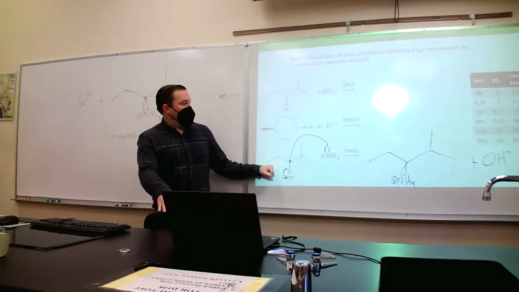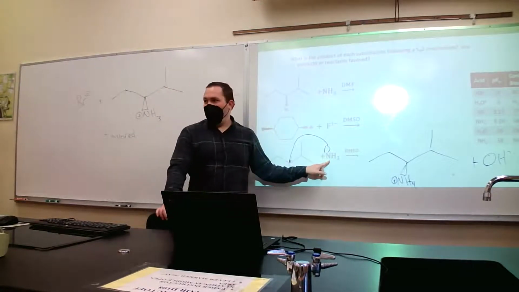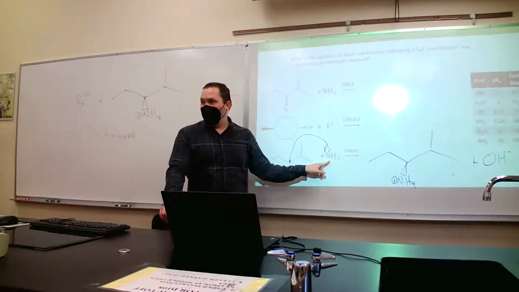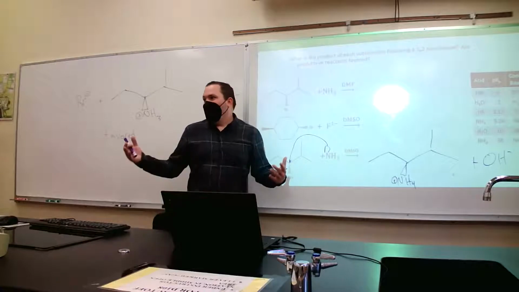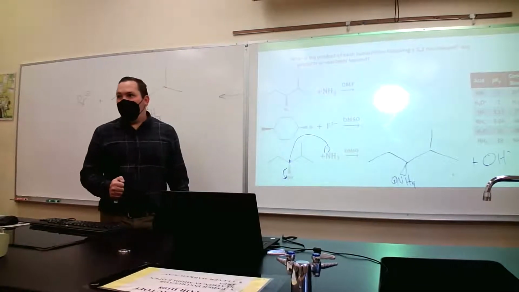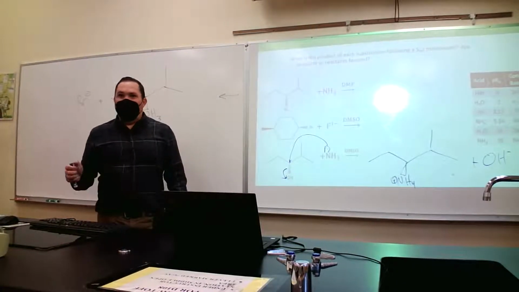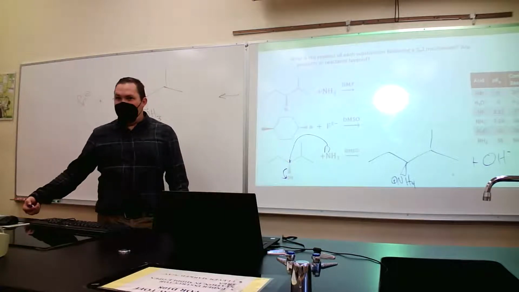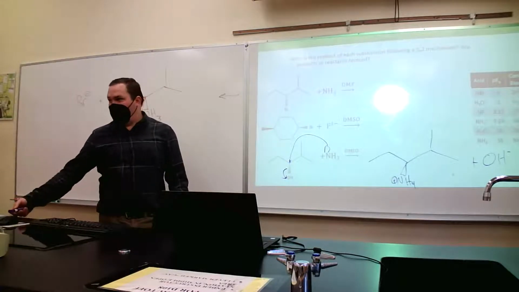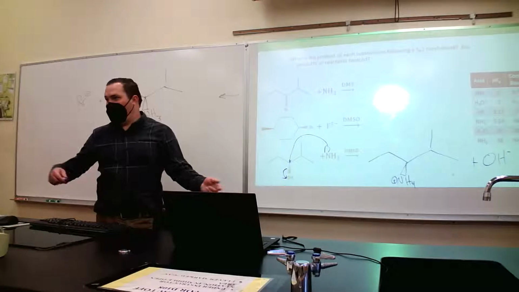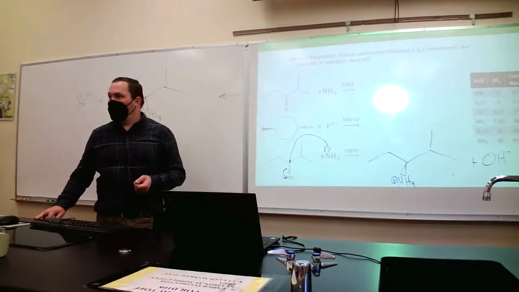If we changed the conditions so that instead of NH3, we were using NH2 with a negative charge, which is called an amide ion, a polyatomic ion, the conjugate base of ammonia. If ammonium is the conjugate acid of ammonia, amide is the conjugate base of ammonia, the same way that hydroxide and hydronium are conjugate base and acid of water.